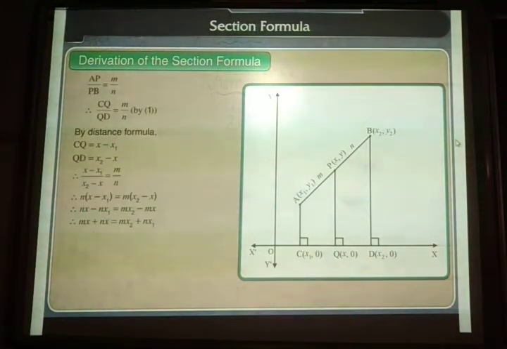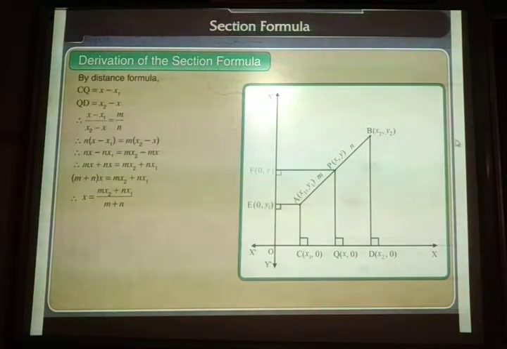Taking x common, we get (m plus n) into x is equal to mx2 plus nx1. Therefore, x is equal to (mx2 plus nx1) upon (m plus n).